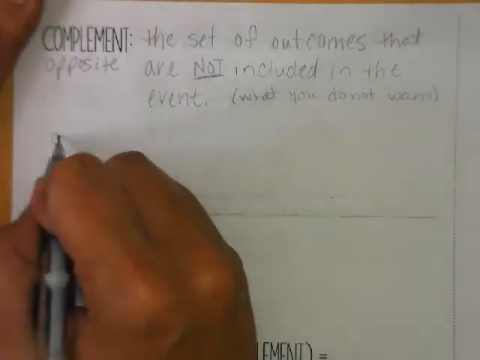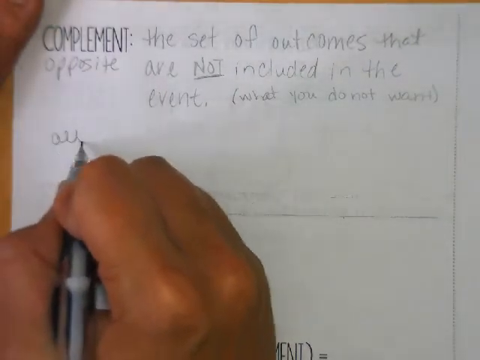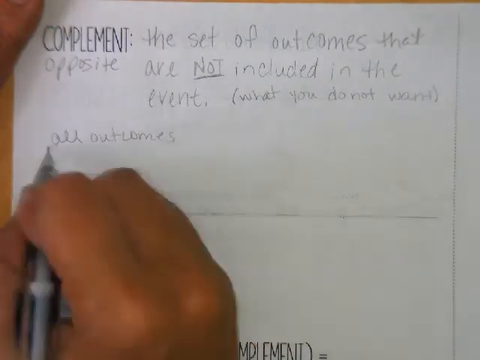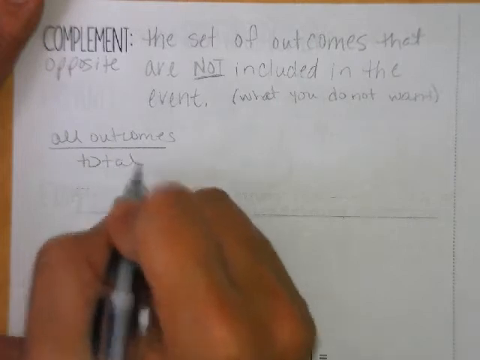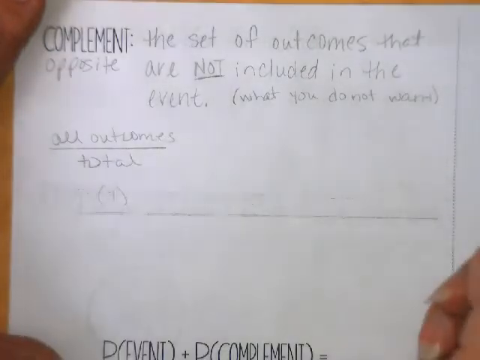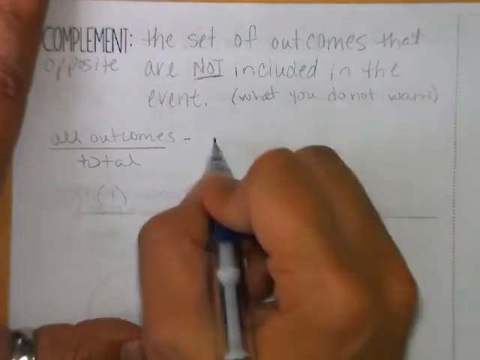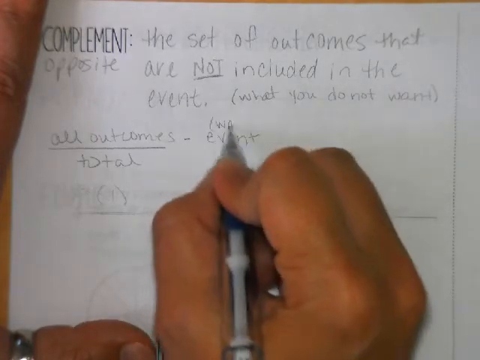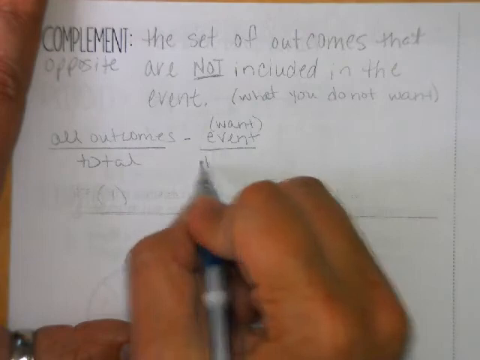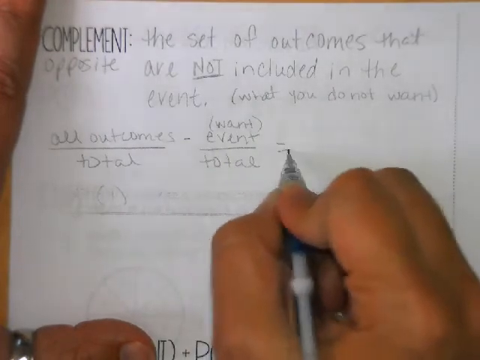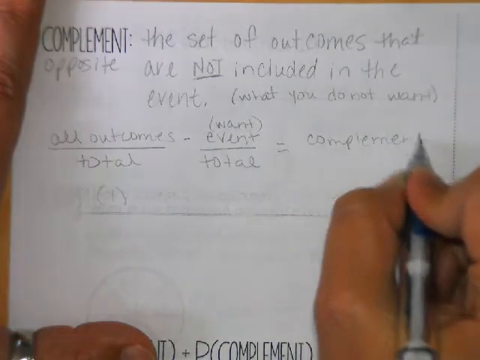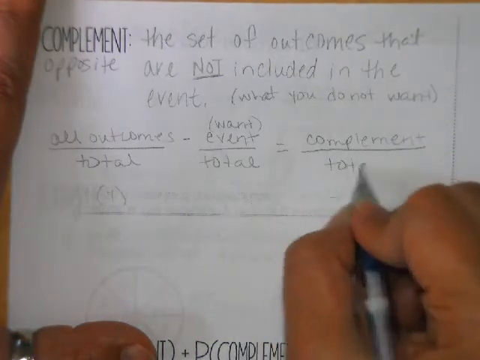We can say all outcomes over a total, which really is one whole, minus what we want out of our total, will give us our complement out of our total, or what we don't want.